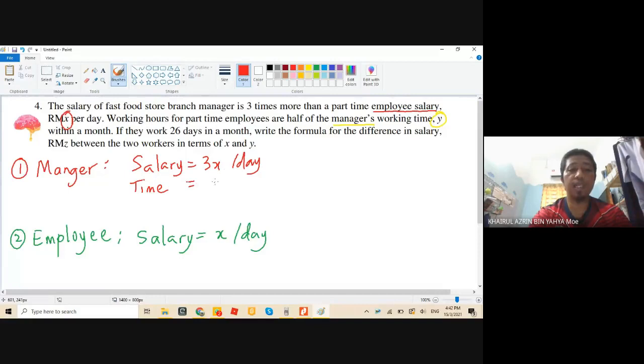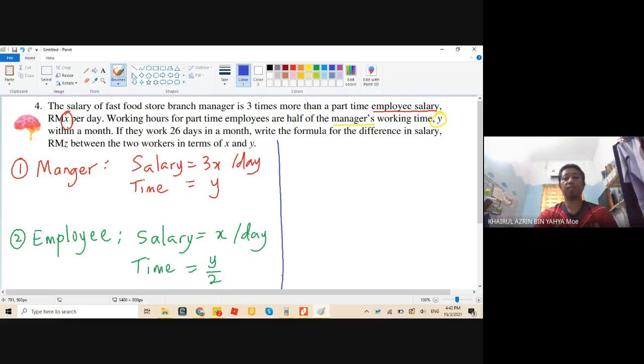Working time for manager is Y. For employee, the working time, sorry, I use green color. Time for employee: working hours for part-time employees are half of the manager's. So manager is Y, employee half, meaning Y over 2. So this is the information that we get.